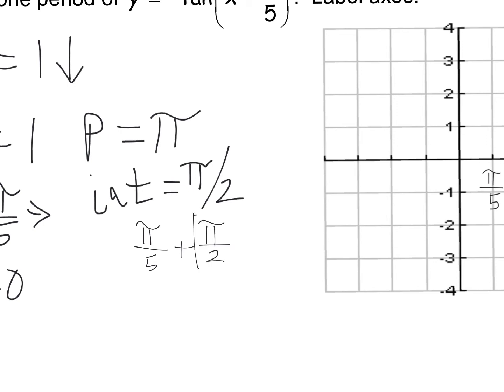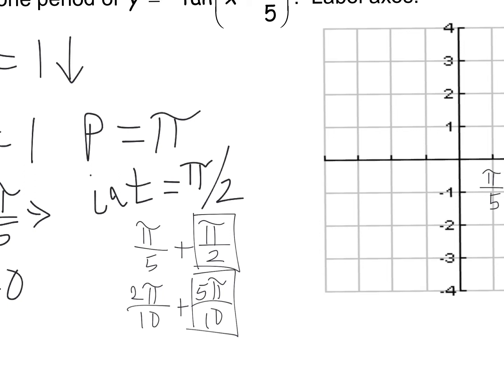I'm going to box this in. Now I'm going to rewrite it with like denominators. I'm going to multiply this one by 2 and this one by 5. And that's how much we're going to be going up by each time we want to get to the next key point, quote unquote point, because it's asymptotes every other for tangent.